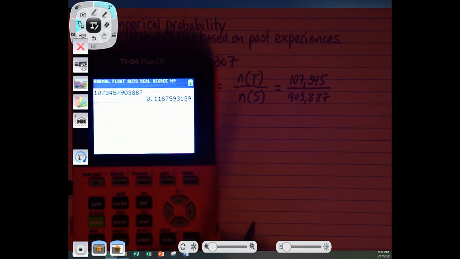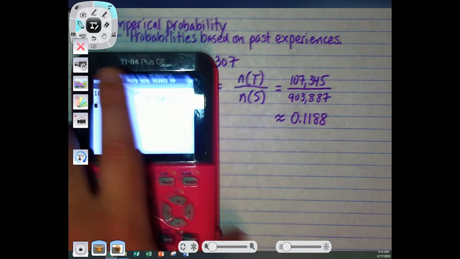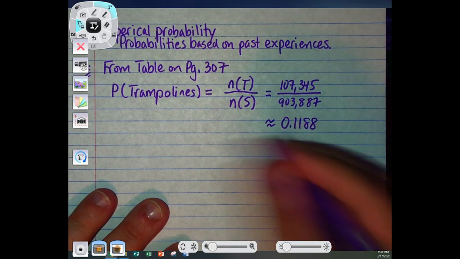So with probabilities, we usually round them to 4 decimal places. So 4 decimal places would make this approximately equal to 0.1188. So the probability of this event occurring would be approximately 0.1188.